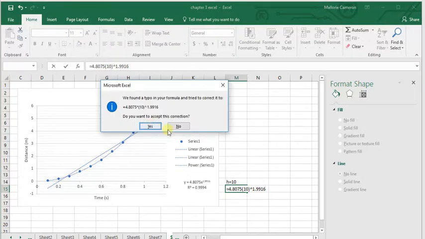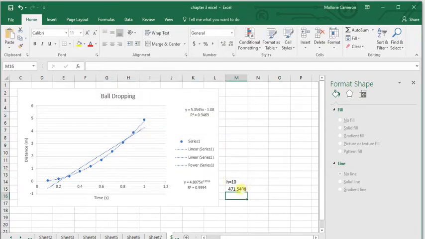Let's see. Yes, what this is not reading is that I didn't put this multiplication symbol in it. So let's correct it.